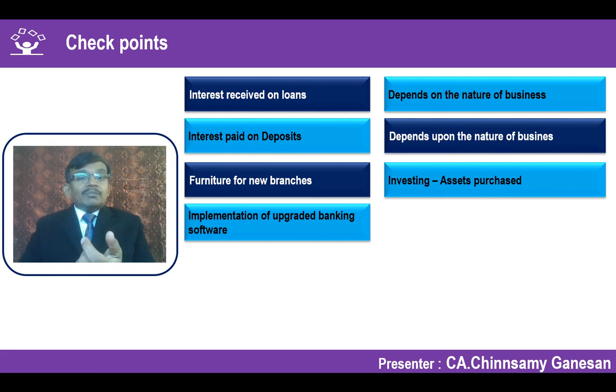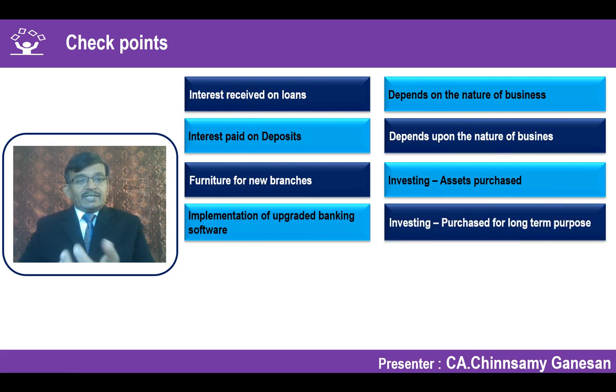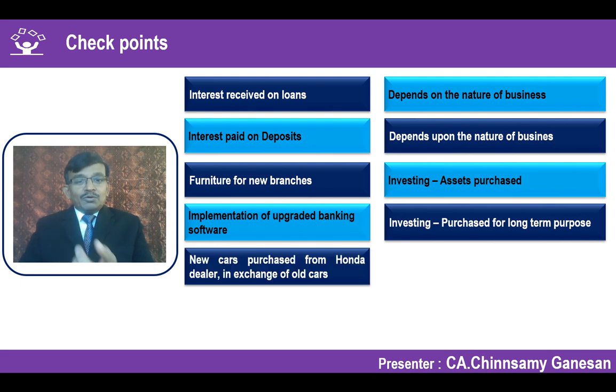I'm implementing an upgraded banking software. Again, it is purchased for long-term purposes, investing activity. New cars purchased from a Honda dealer in exchange of an old car. Here what happens is I'm exchanging a car and taking a new car. For example, the new car value is 10 lakhs and the exchange of the old car has been taken at 2 lakh rupees.